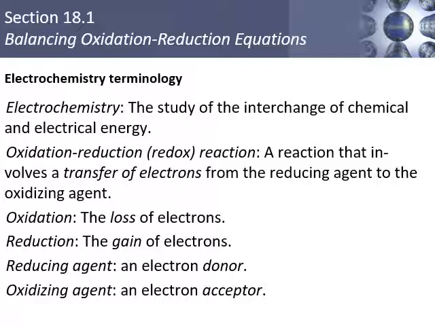So the thing that gets the electrons is gaining electrons, it's being reduced, and the thing that gives them up is being oxidized. And then here's the thing that's a little confusing. If something is being oxidized itself, that means it is the reducing agent. And if something is being reduced itself, that means it is the oxidizing agent.